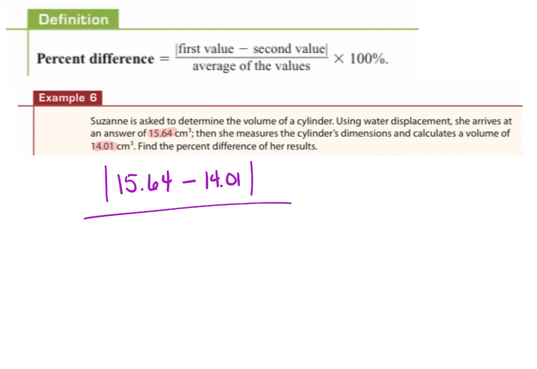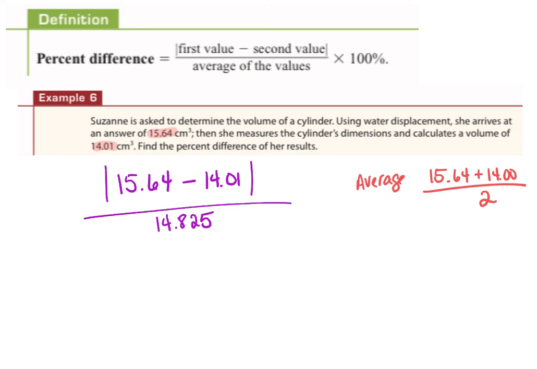So my average is going to be these two. I'm going to add them up and divide by 2. What is my average then? This average is 14.825.